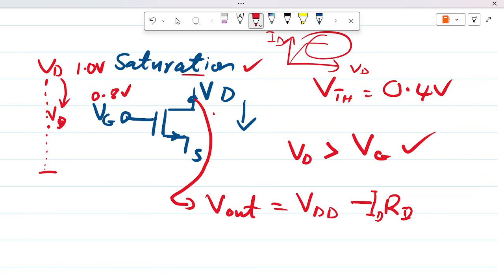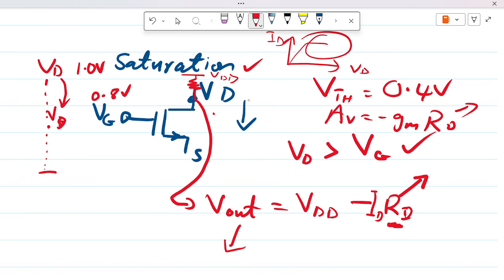So assuming we have our VDD on top, that's the supply voltage, and our RD right here before taking our output voltage. Now we know that once we increase RD in an attempt to get more gain, we stand the risk of reducing the output voltage as this increases. You can see from the mathematics, and the output voltage is also our VD.